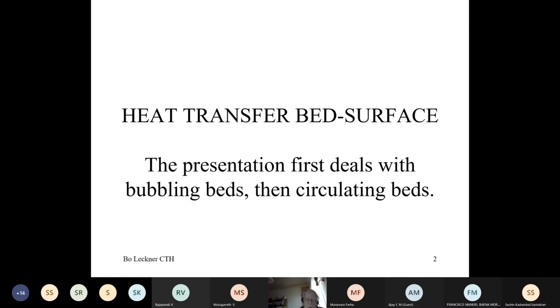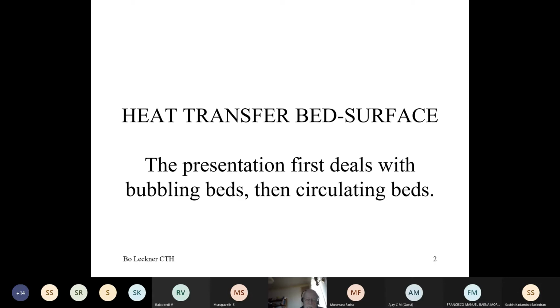But after some time in the 1980s, it was discovered that these tubes could not be kept in the bed because of erosion. So there was a transition then into circulating fluidized beds.